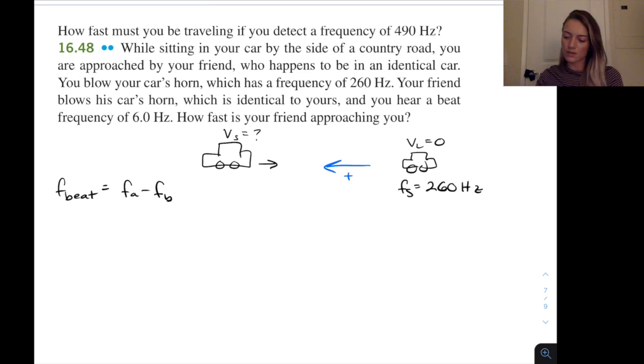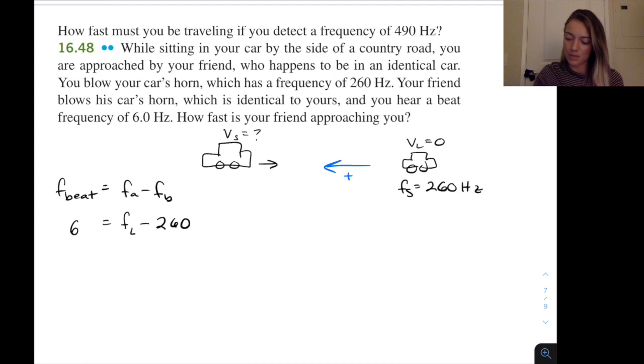So the friend's horn is fA and our horn is fB. So 6 hertz is equal to the frequency of the listener, which is the frequency we hear from our friend's horn at some higher frequency, minus the frequency of the source, which is our horn, 260. We don't know the frequency of the listener yet, and we don't know how fast he's going.